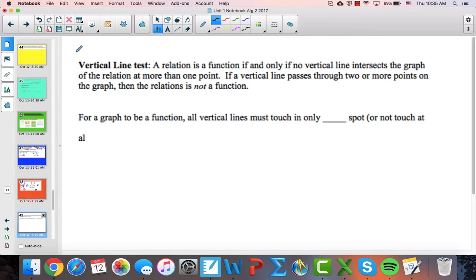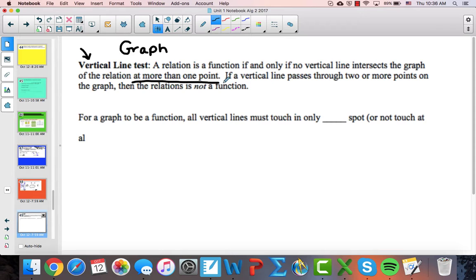Okay. Now, one of the ways I told you could look at a function was by a graph of a relation. Well, there is a quick way to determine if something is a function using something called the vertical line test. A relation is a function if and only if no vertical line intersects the graph of the relation at more than one point.